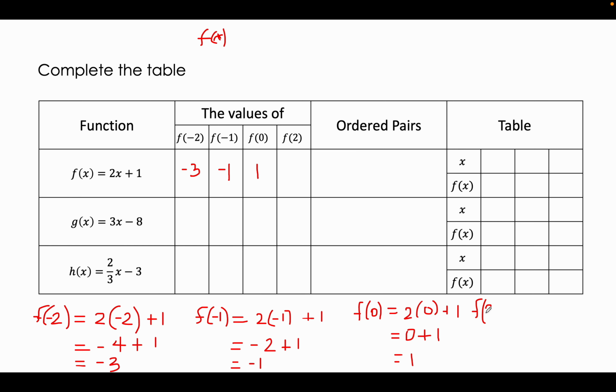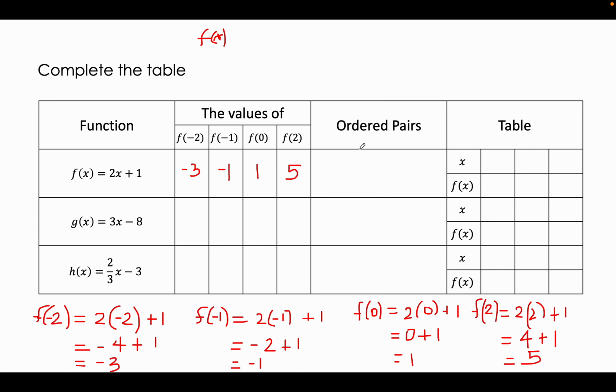So substitute again. f of 2 is equal to 2 times 2 and then plus 1. 2 times 2 is equal to 4, and then plus 1, we have 5. Then if x is 2, f of x is equal to 5.